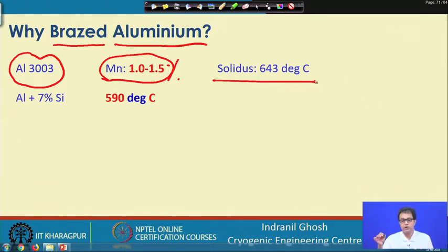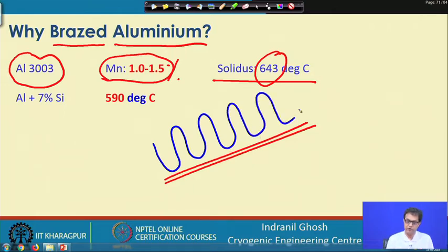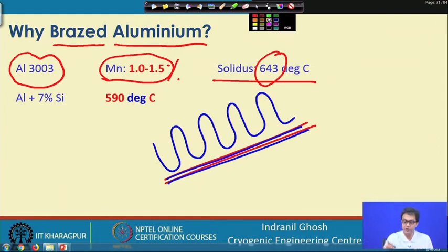is 643 degrees centigrade. So, if we have a plate and we will be connecting the fins on top of it, this is the kind of fin we will be joining, and this is the plate material. On top of it we want a filler material, which is the brazing material.